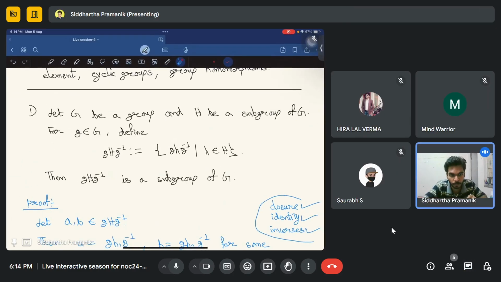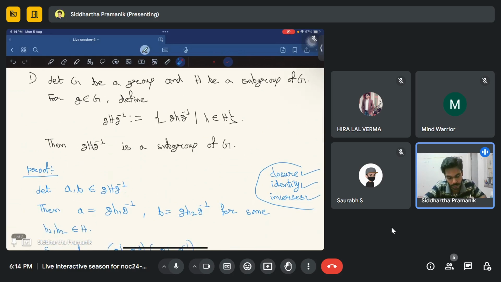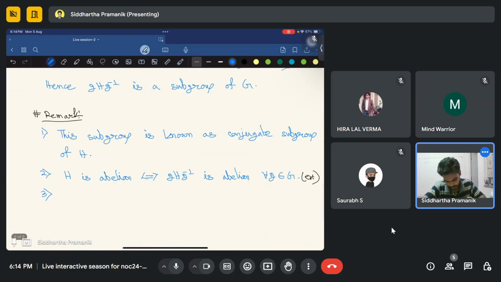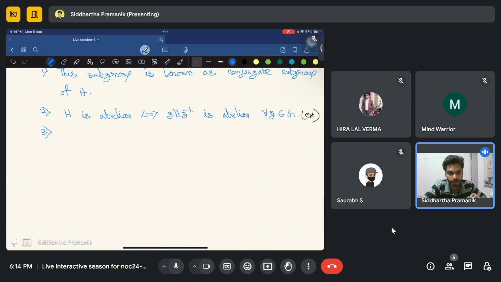Cyclic group means it is generated by a single element, right? So here the fact is H will be cyclic if and only if this conjugate subgroup will be cyclic.